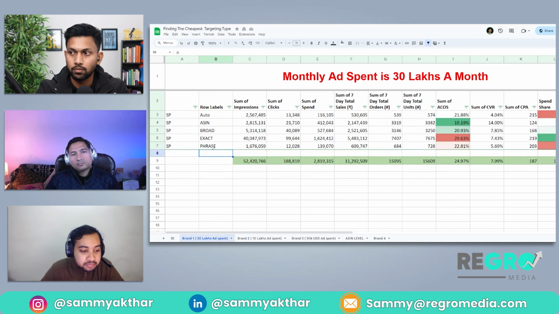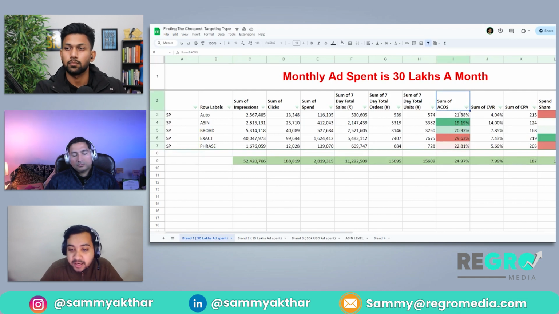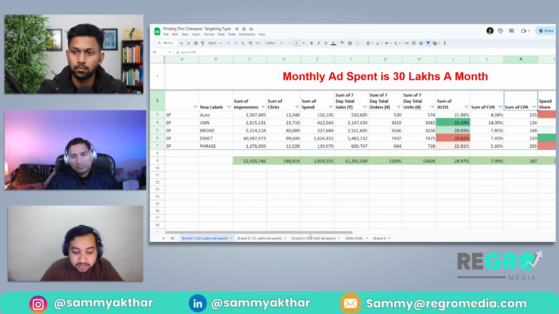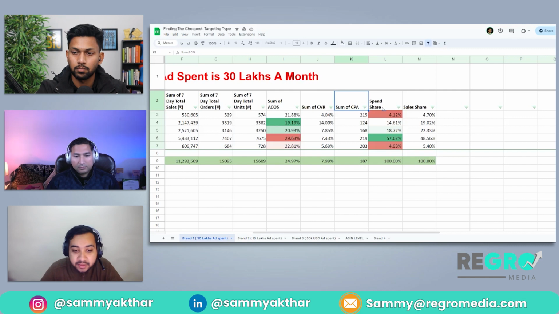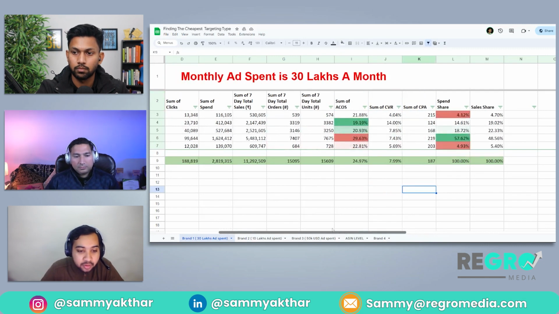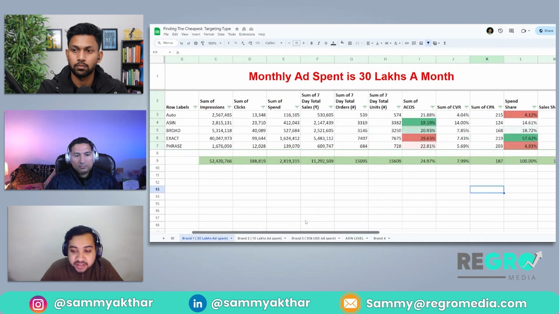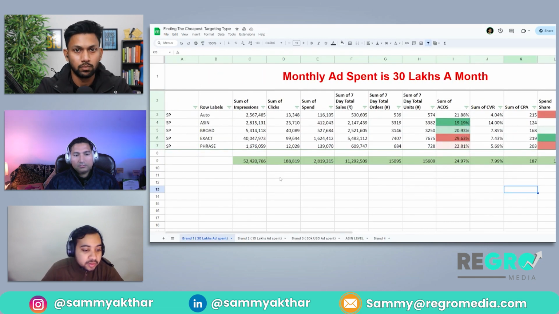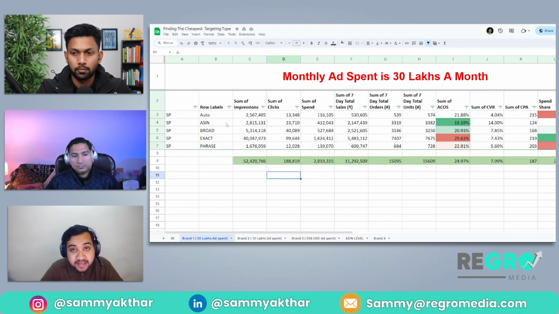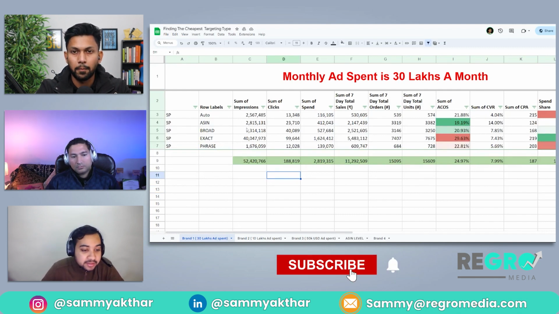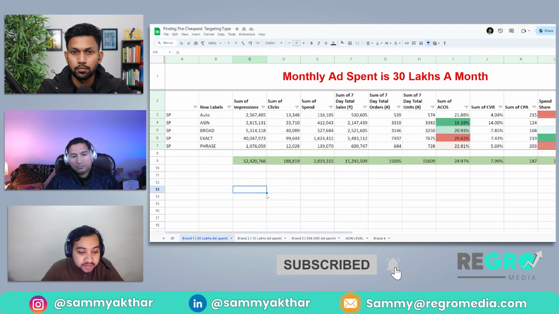We have all the stats here like impressions, clicks, spend, sales, orders, units, ACOS is calculated, conversion rate, cost per acquisition, and then we have spend share and sales share. All of these metrics, these KPIs, are required to determine whether we are performing well in a certain match type or not. So let's just jump into the discussion.